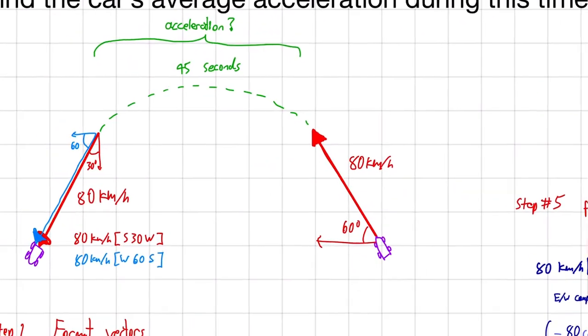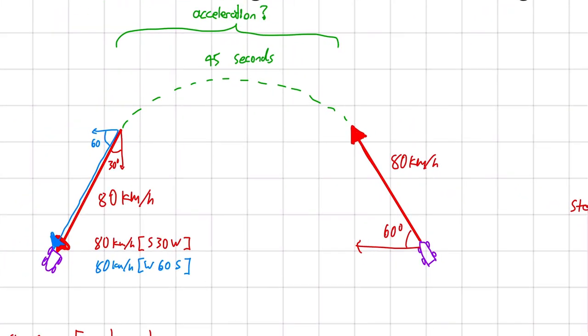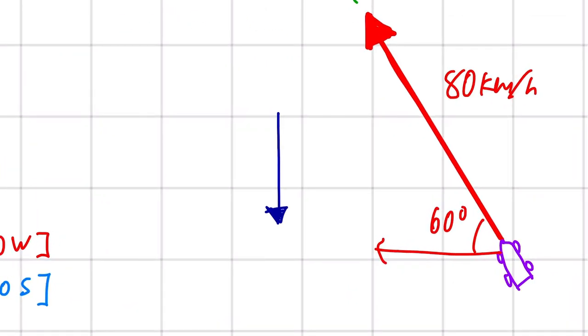So then looking back at our original diagram, that means throughout the 45 seconds that we're observing this car changing direction, the average acceleration that the car experiences is 3.1 kilometers per hour per second.